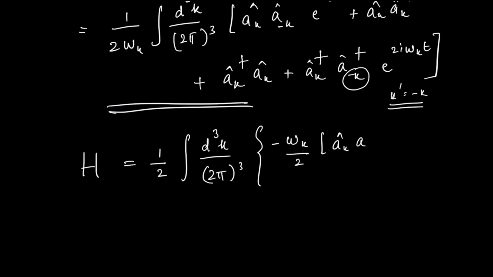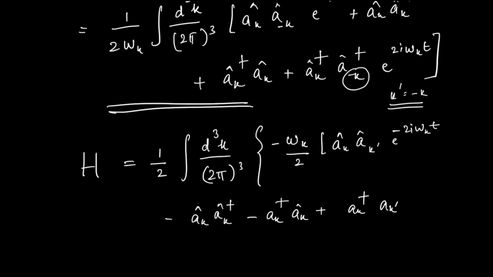That's what we have taken. So instead of minus k, I can write k prime also. So both are right. So for convenience, I'll just write k prime. e raised to minus 2I omega t, minus ak dagger, minus ak dagger ak, plus ak dagger ak prime dagger e raised to 2I omega t.